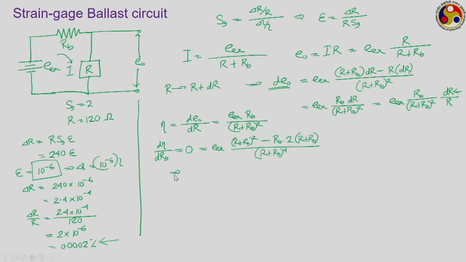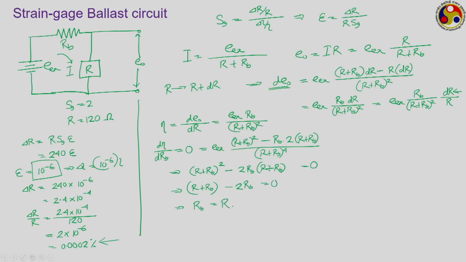If we simplify this, then we have R plus Rb whole square minus 2 Rb into R plus Rb is equal to 0, or R plus Rb minus 2 Rb equal to 0. So, if we simplify this, what do we have?